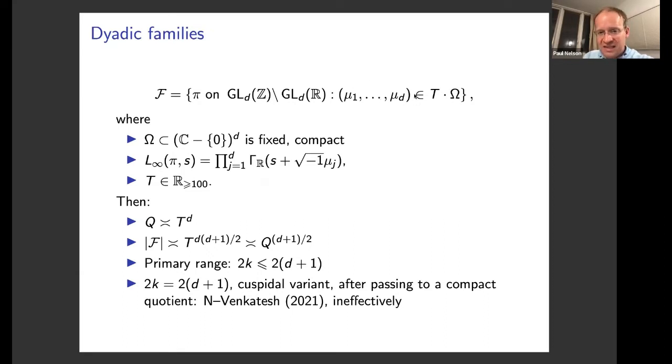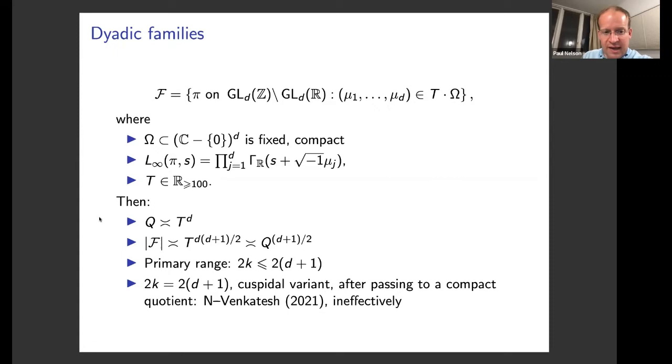We're going to ask that this D tuple of complex numbers lies in the rescaling of some fixed compact set by some large number T. So omega, I've taken it to avoid all of the hyperplanes where even one of the coordinates vanishes. So the way we should understand this condition is that each of the mu j's is in some large dyadic window, more or less, maybe between tj and 2tj. That's a good model example. And then T of course will tend off to infinity.